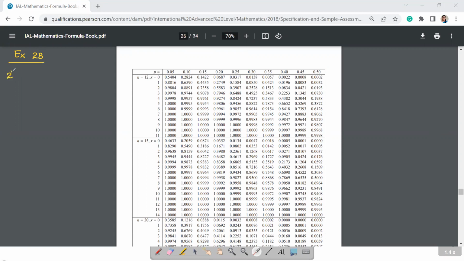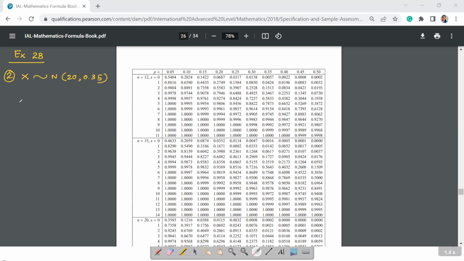You have to find x is given. X follows a binomial distribution, 20 and 0.35. Okay, right. Okay, so let's get the probabilities.